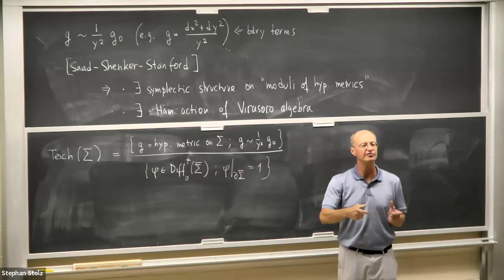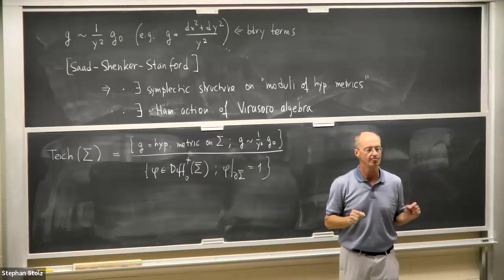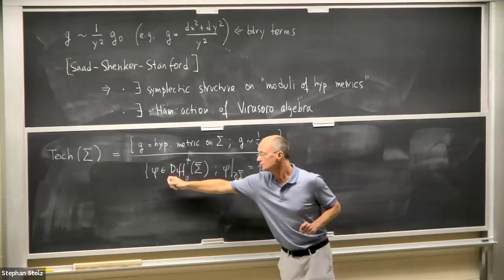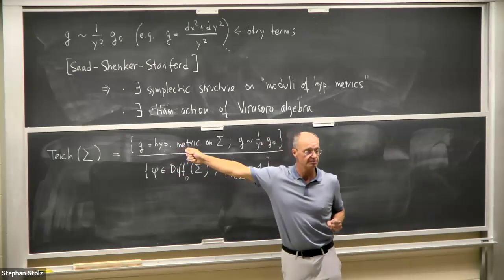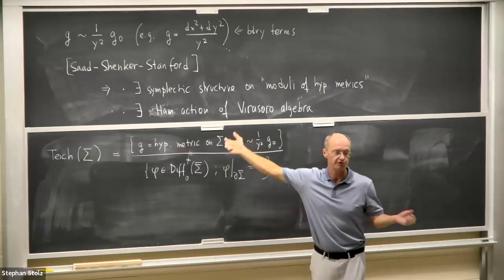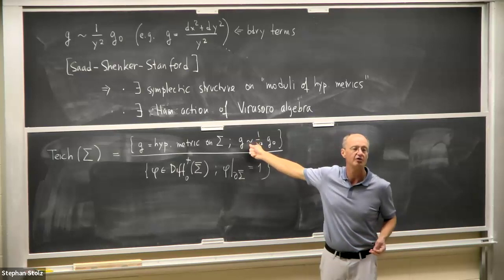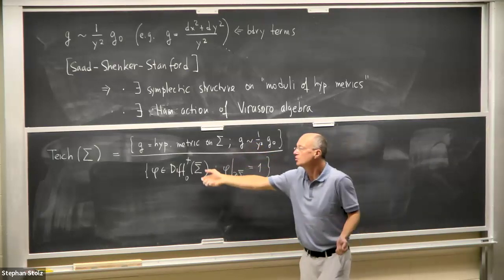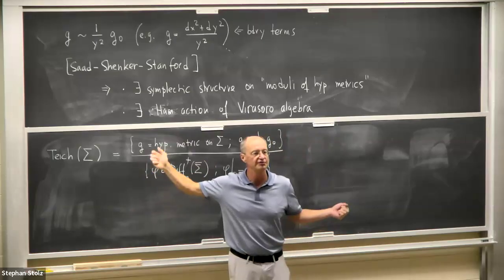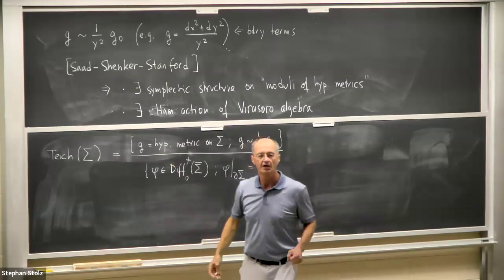So these are diffeomorphisms which don't move the boundary. Of course, those diffeomorphisms act on metrics. They preserve the hyperbolicity property, and they preserve this 1 over y squared property. So this is some infinite dimensional space.